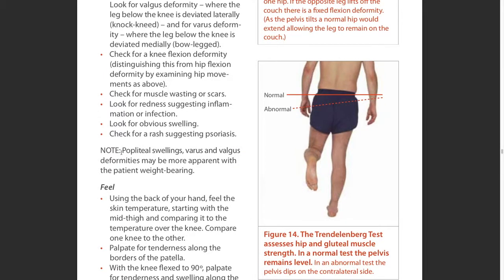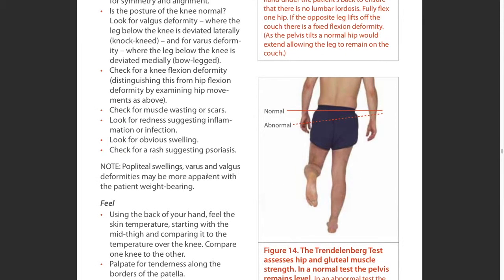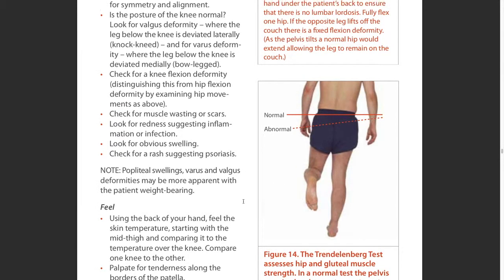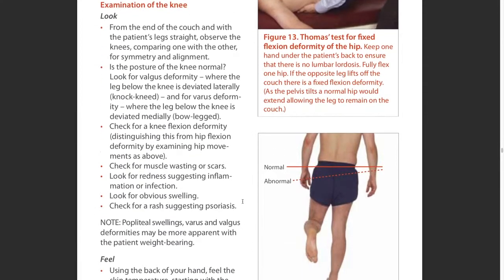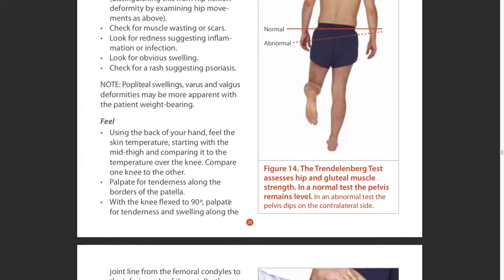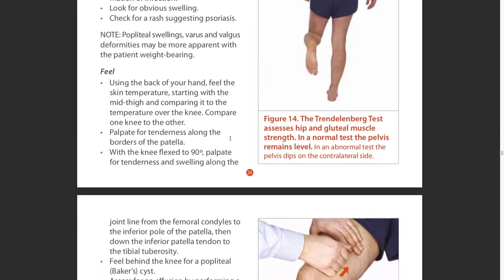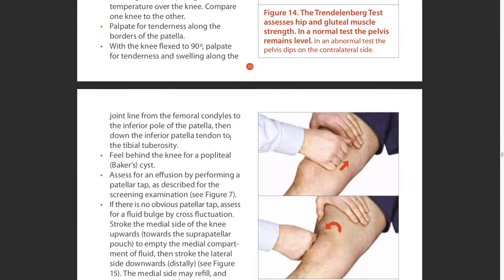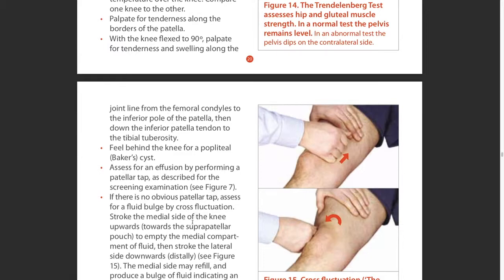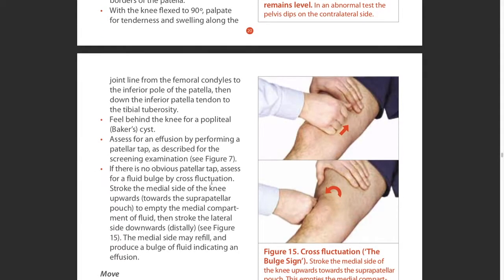Okay, when they're standing, remember to look behind their legs for popliteal swellings, because when they're lying down, the popliteal area is going to be covered. So when standing, you look for popliteal swellings, varus and valgus deformity, and then when lying down, you look for all the other things. And feel. Now you feel for temperature, and then you do the patellar tap, and then the cross fluctuation.